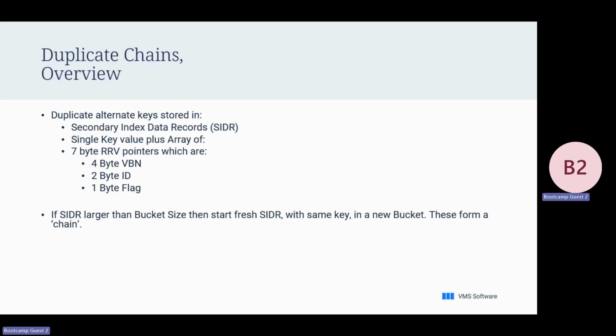But because I have more than one record with the key value done, I build up an array of those RFAs, essentially. The 4-byte bucket number I talked about, the 2-byte ID I talked about, and a 1-byte flag. You always have to have a flag. Why not? I forget what the values of the flag are. Most of the values in the flags are actually for run unit journaling. There's a bunch of flags for that.